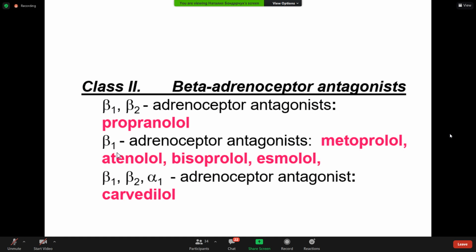So that's why cardioselective drugs are better to use in this type of disorders: metoprolol, atenolol, bisoprolol, esmolol. And also carvedilol, the drug that inhibits beta-1, beta-2, and alpha-1 adrenoceptors, also can be used.